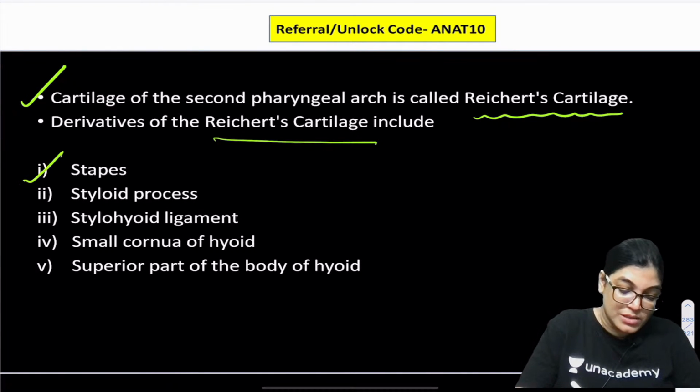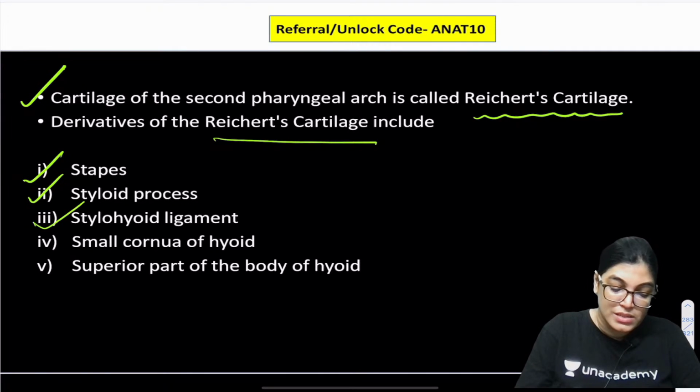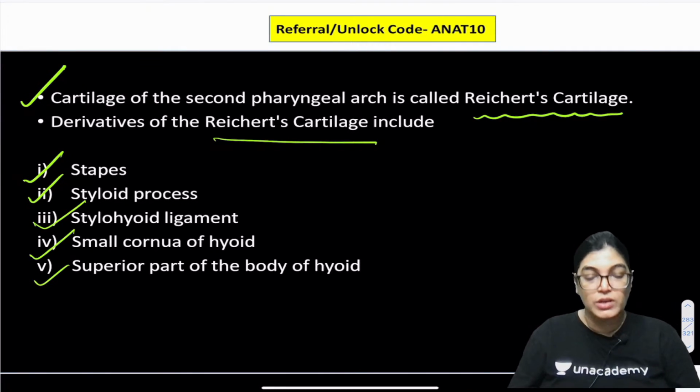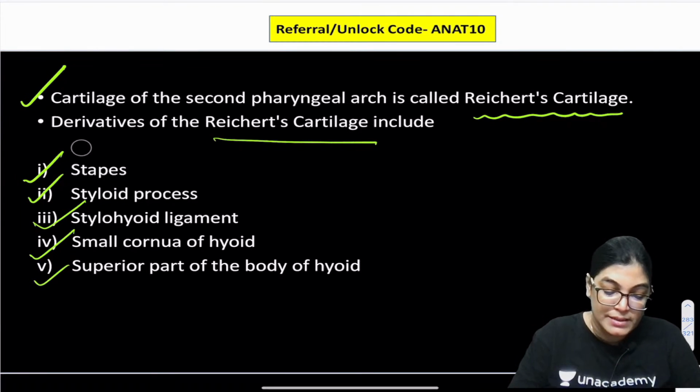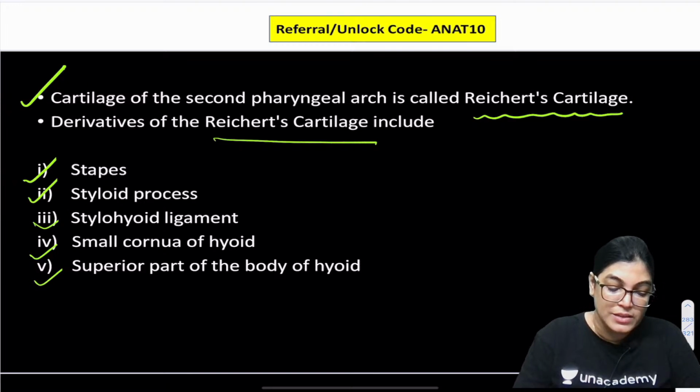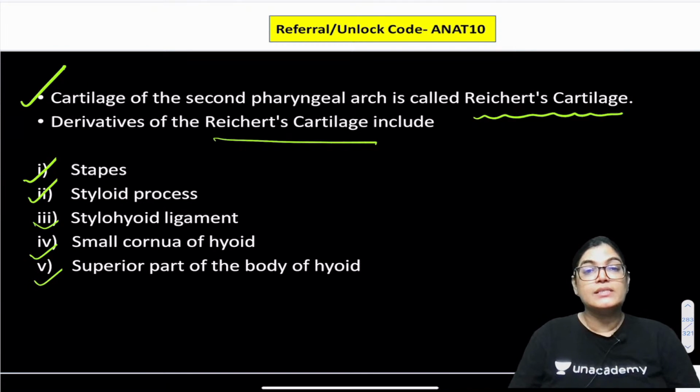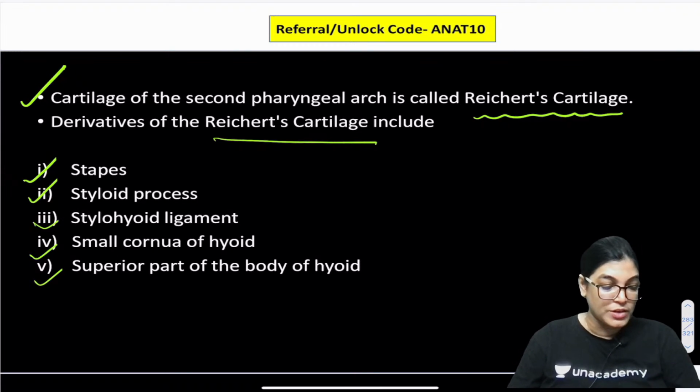It is stapes, styloid process, stylohyoid ligament, lesser cornu of the hyoid bone and the superior part of the body of the hyoid bone. Please complete this list of the derivatives of the second arch cartilage.